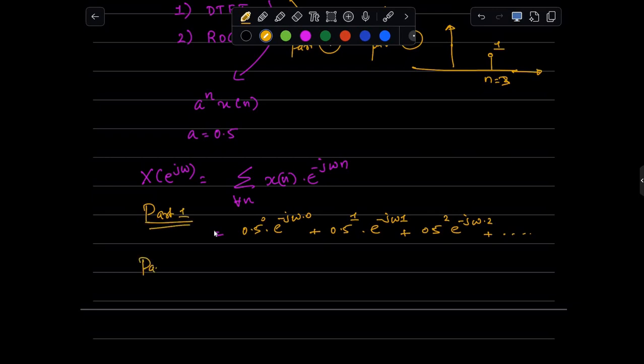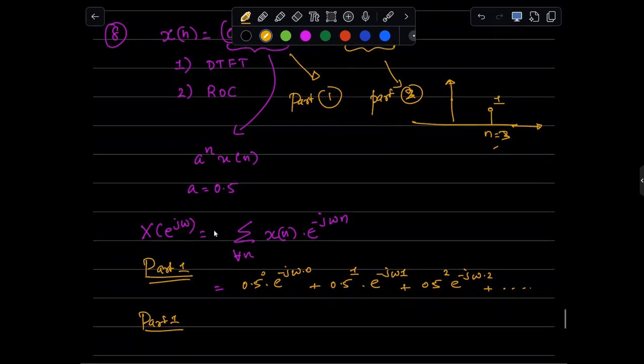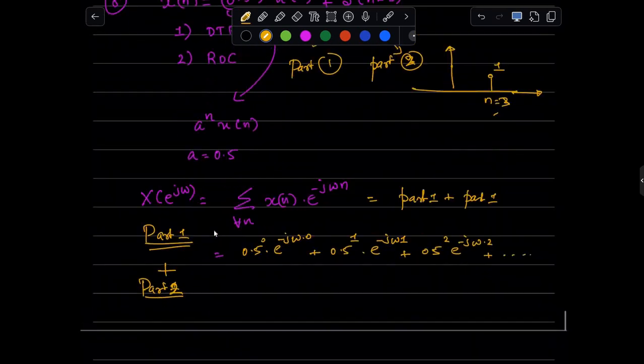And for part 2, you know that the signal is existing only at n equal to 3. So I will write it as part 1 plus part 2. The part 1 is like this, plus the part 2. What is the part 2? The part 2 is a delta function, so it is very easy.